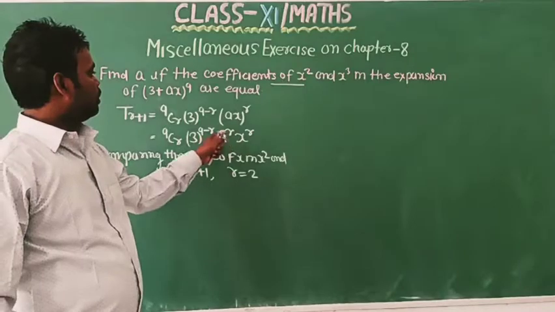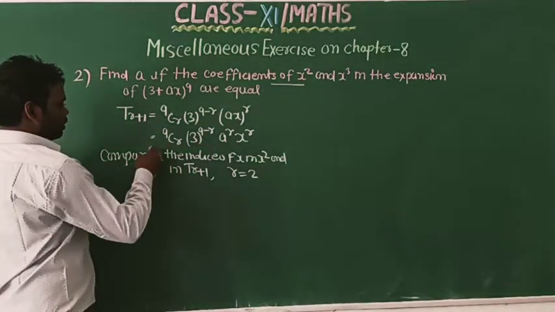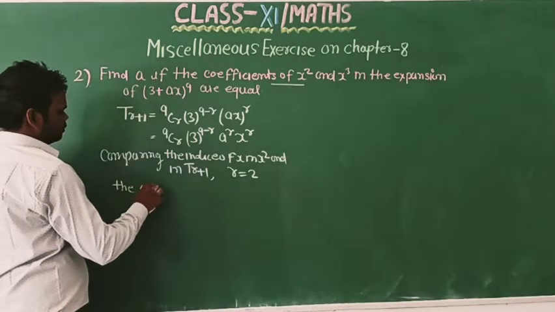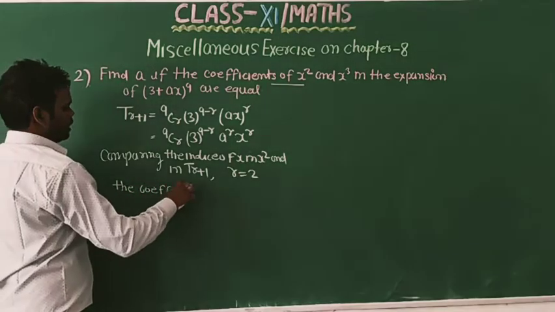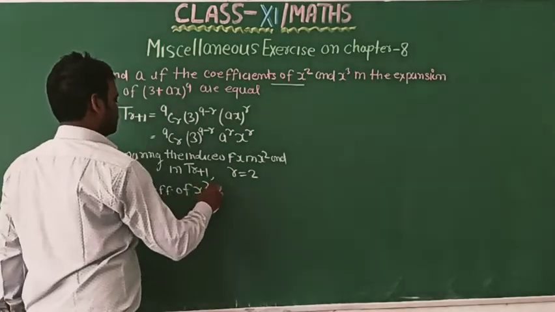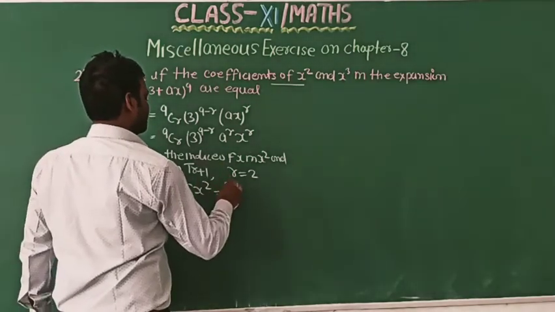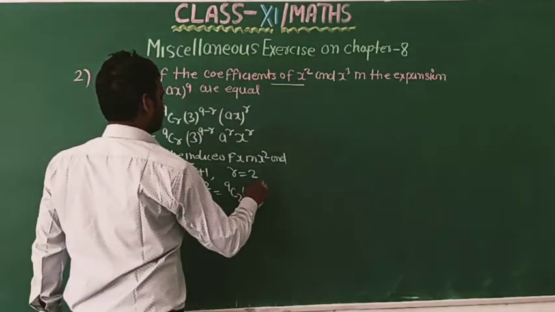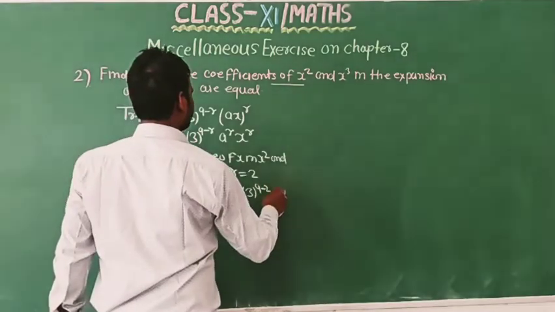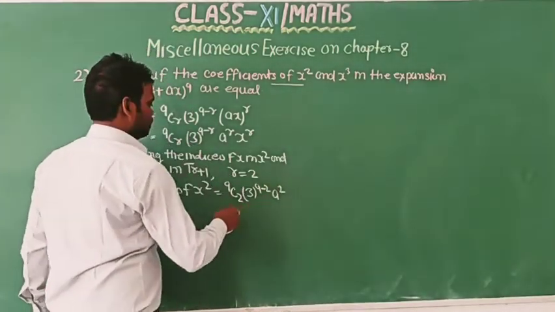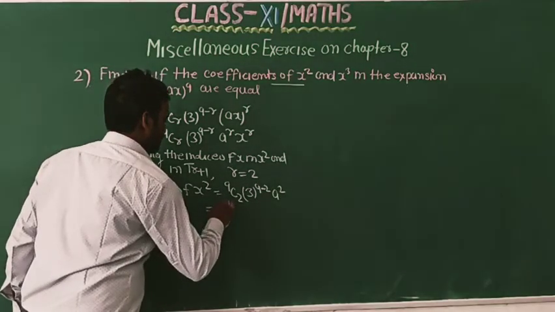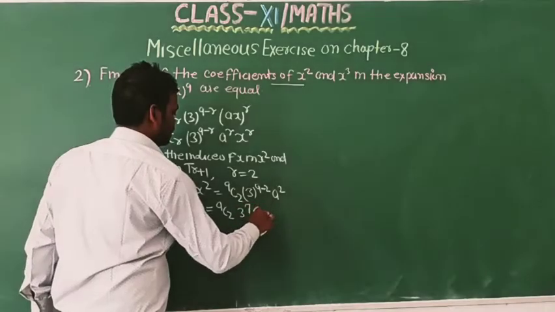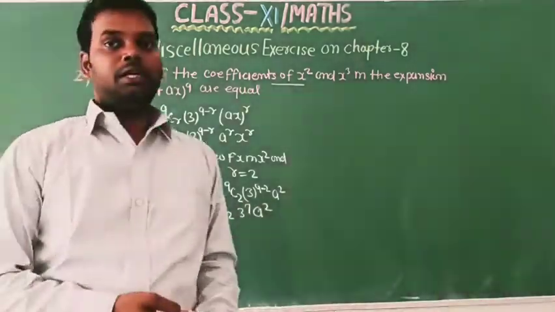Okay, r equal to 2. So therefore the coefficient of x square equal to 9C2, 3 to the power 9 minus 2, a to the power 2, which is equal to 9C2, 3 to the power 7, a to the power 2.